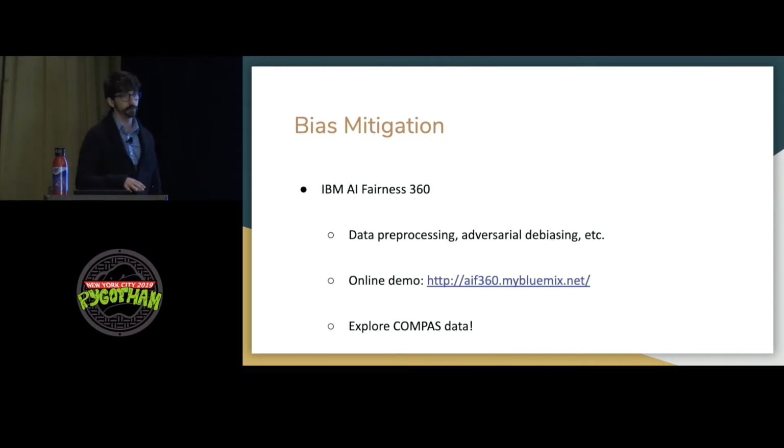It has a variety of tools, data pre-processing and normalization, adversarial debiasing, which is really interesting for those of you in the ML world. It more or less uses a GAN network to try to debias some of the input data. And there's an online demo at this link.